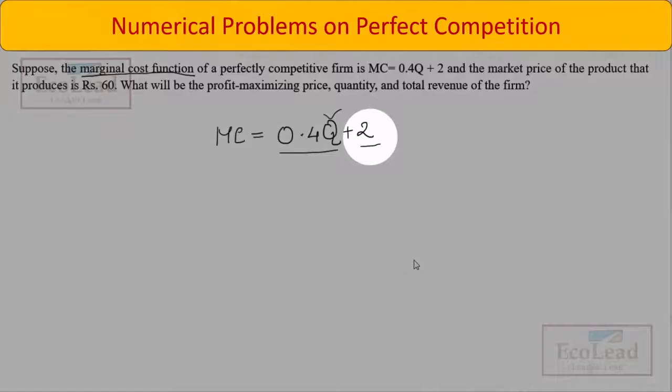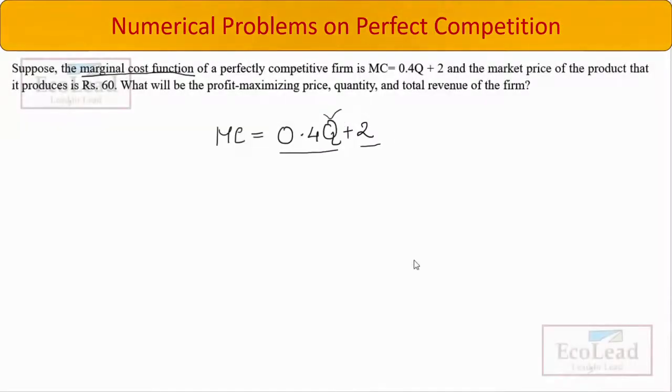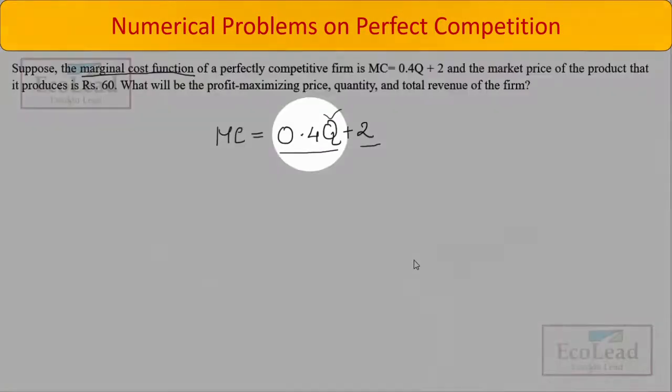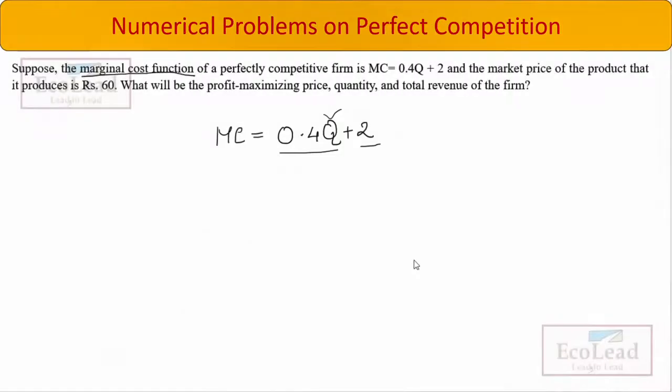One is a constant term and the other term is associated with the level of output, or Q. So if there is no production, then the marginal cost will be 2, if we have a situation where Q is equal to 0.